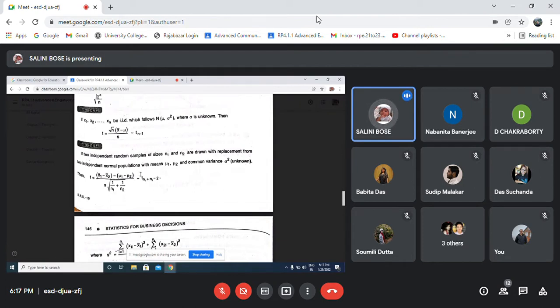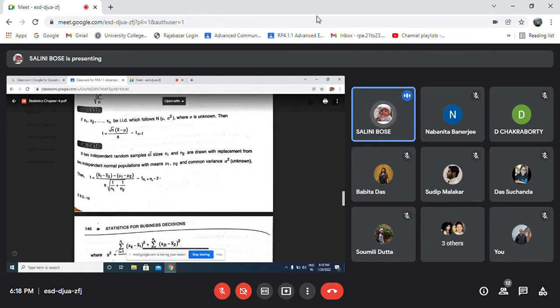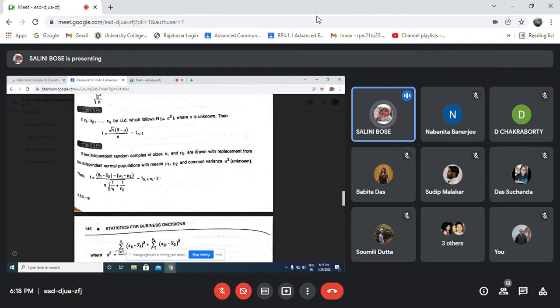And here the degree of freedom will be n1 plus n2 minus 2. This is the degree of freedom when you are taking two samples of size n1 and n2 with replacement.